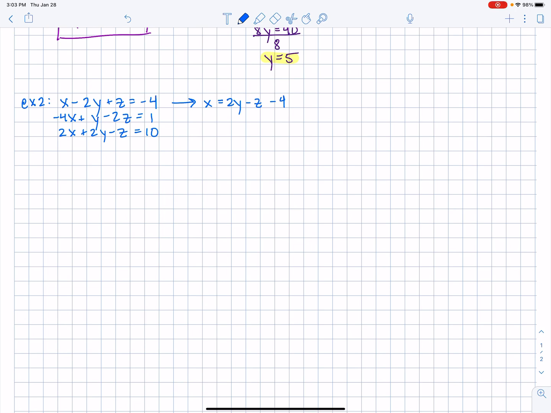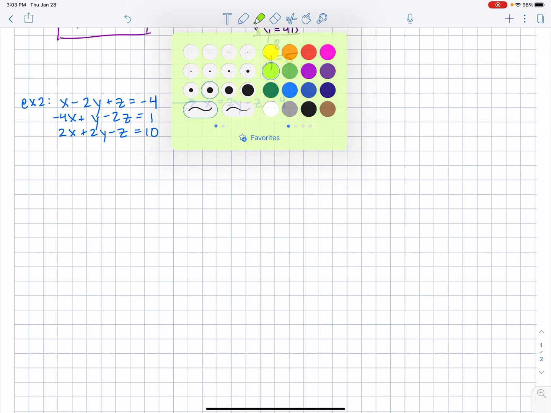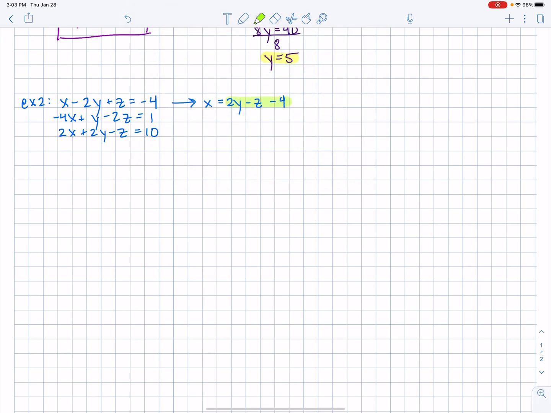Isolating that x. Now I'm going to switch to a green. I'm going to take this equation and substitute it into the x's in these second 2 equations. So that's going to leave us with, I'm going to draw an arrow here, negative 4 times 2y minus z minus 4 plus y minus 2z is equal to 1.